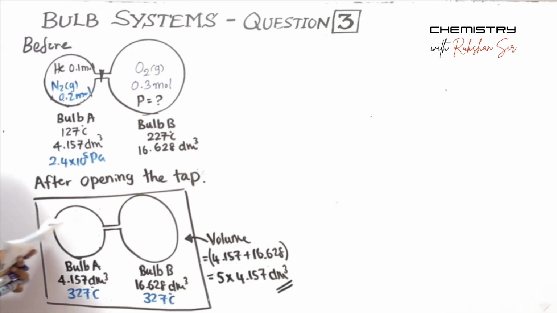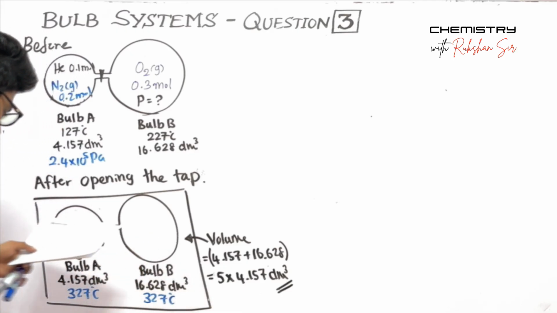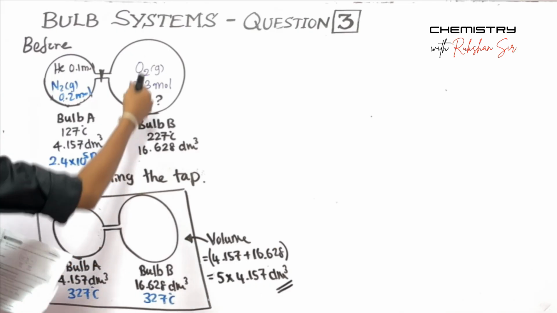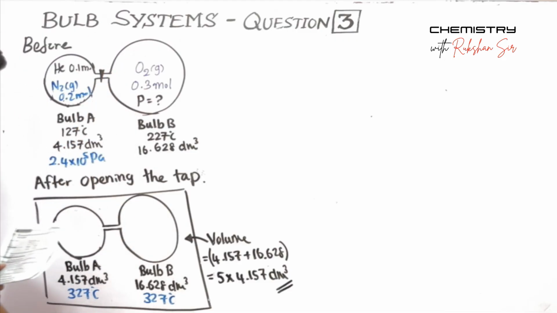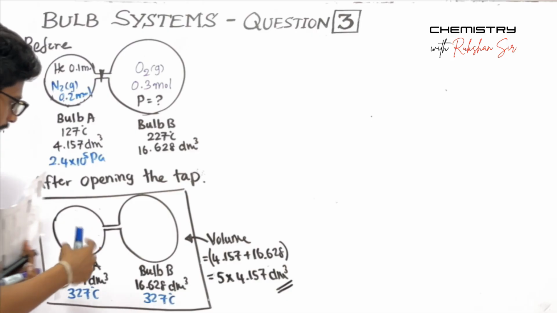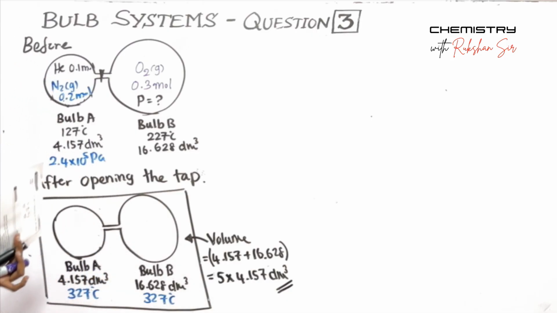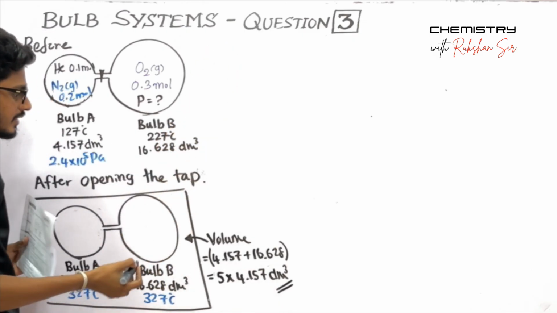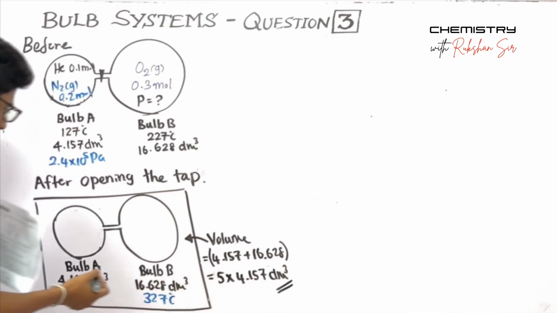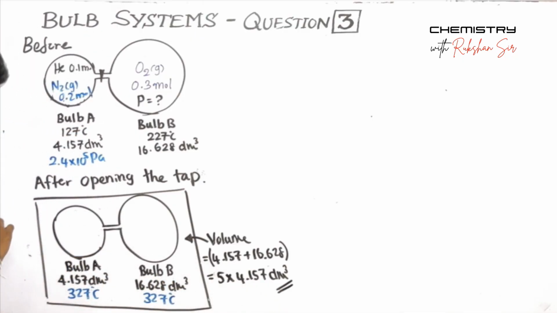Just one compartment is appearing, and N2 gas and O2 gas will react there. So basically, O2 will travel to here, N2 will travel to here. The things will mix, and they will react, right? So now the system is like this. This is the initial point.